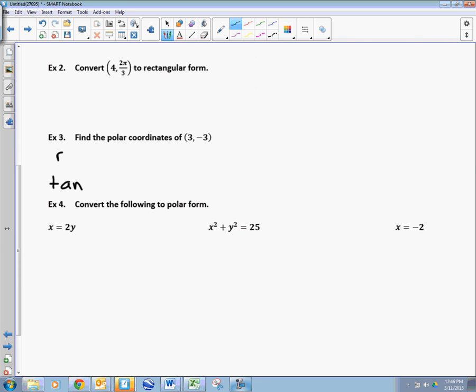All right, so convert this to rectangular form. It's currently in polar form. So what I do is I take x is equal to r cosine of theta. What is r? Times the cosine of 2 pi over 3. Is there an exact value for the cosine of 2 pi over 3? What is it?